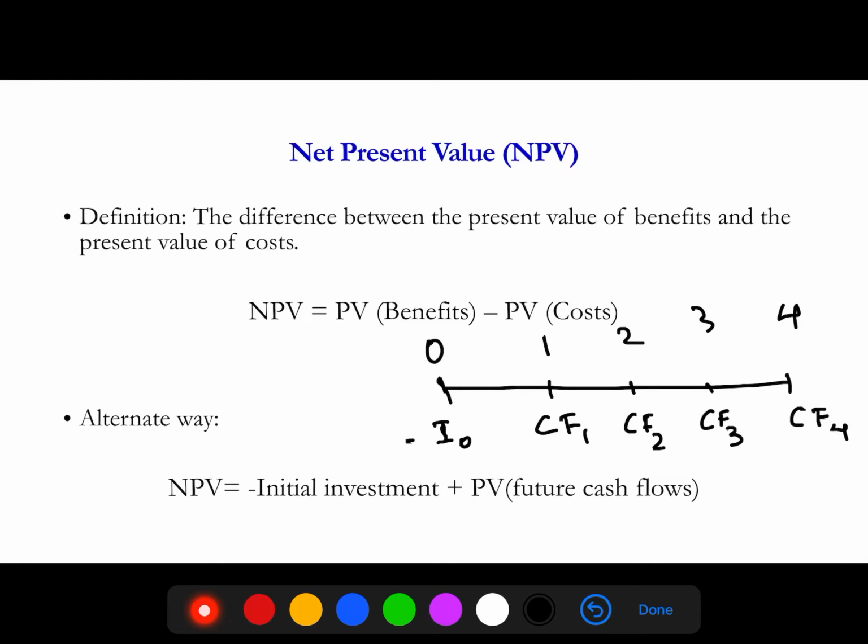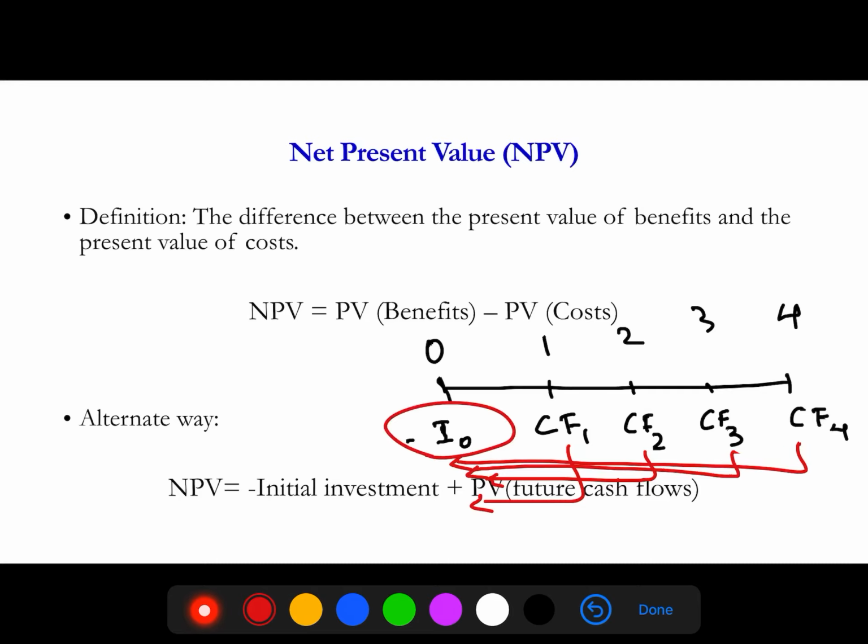To evaluate the benefits of doing this project to the Dunkin' Donuts shareholders, we need to calculate the present value of each of these cash flows and compare them to the initial investment that we made at time zero.